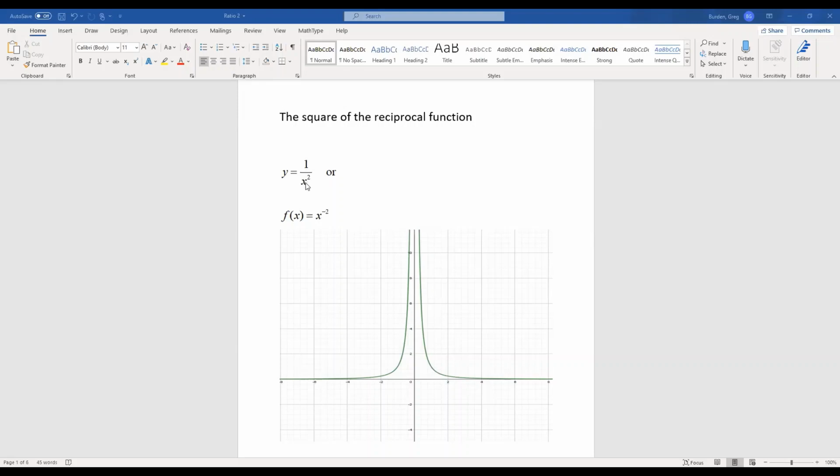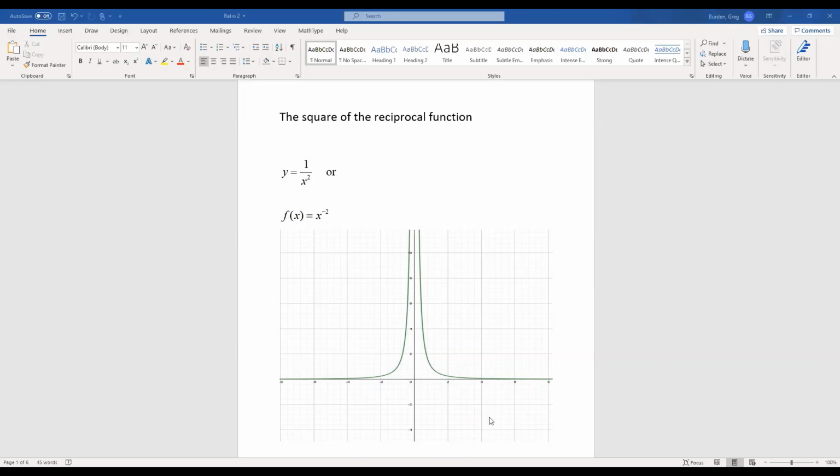If you square a number bigger than 1, the square will be bigger than 1, and we'll have 1 divided by a number bigger than 1, which will be smaller than 1. So as with the reciprocal function, as you move to the right, this thing goes down towards the x-axis. It gets smaller and smaller. As x approaches infinity, y approaches 0.